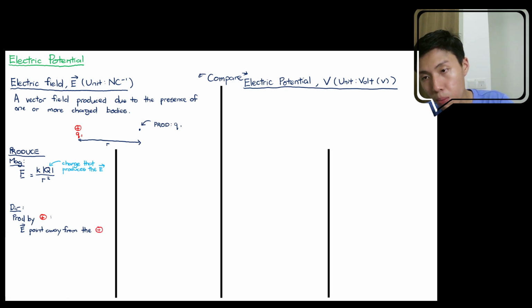But if the electric field is produced by a negative charge, then the electric field produced by the negative charge will be pointing towards the negative charge that produced the electric field.